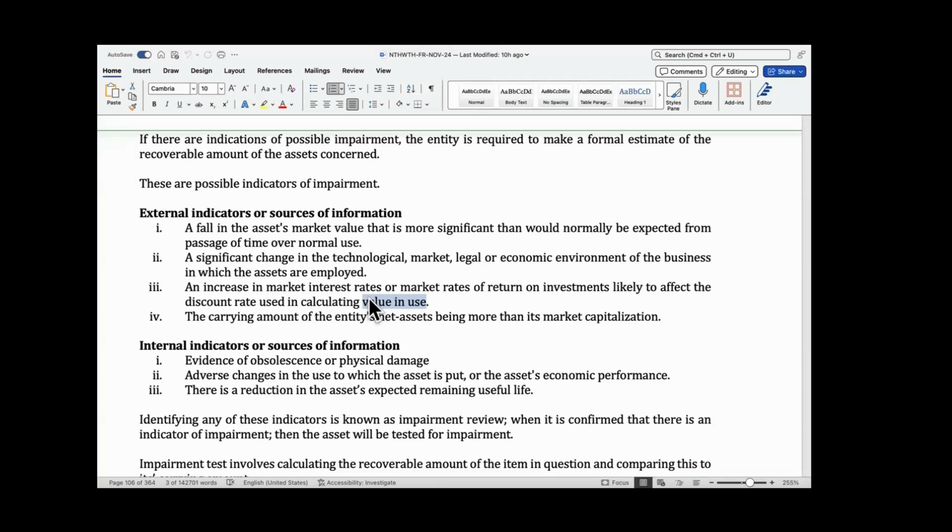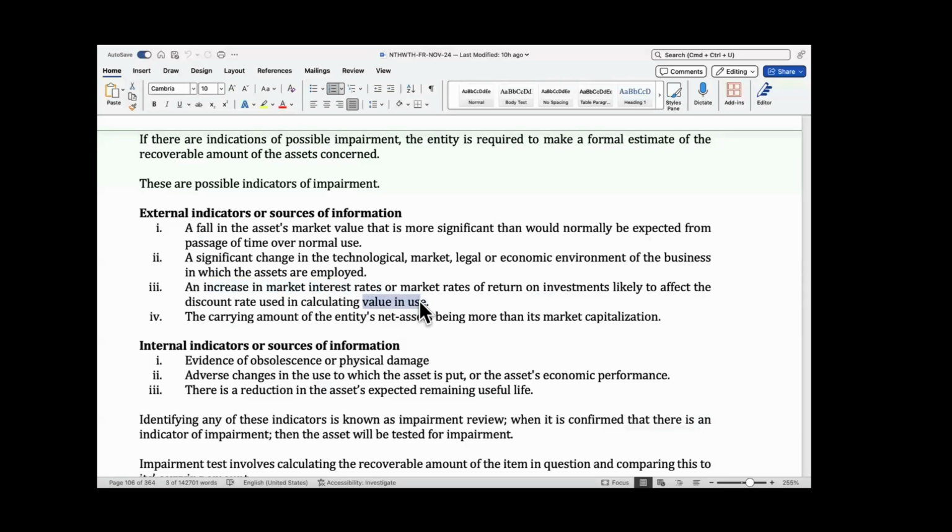And by calculation, the higher these interest rates, the lower the value in use you would get. Some of you that have been taught net present value, you would know that net present value is just giving you estimate of future cash flows and getting their present value. And if you have noted, the higher the discount rates, the lower the value. So theoretically, when interest rates increase, value in use decreases. That's an indicator.